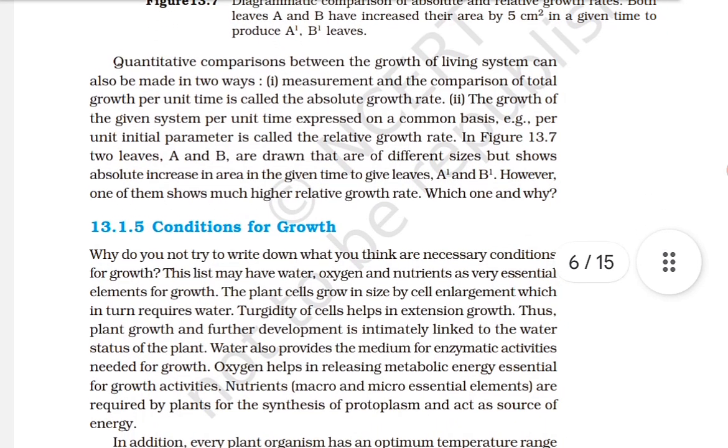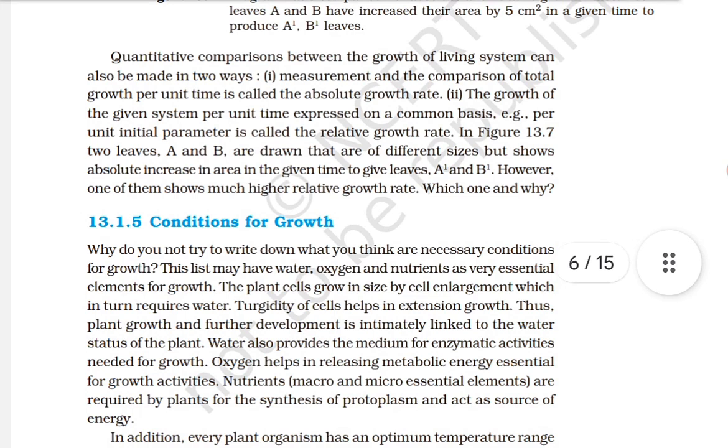R is equal to growth rate, T is time of growth, e is base of natural logarithm. Equation है W1 is equal to W0 e की power RT.